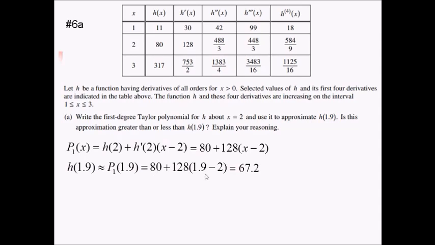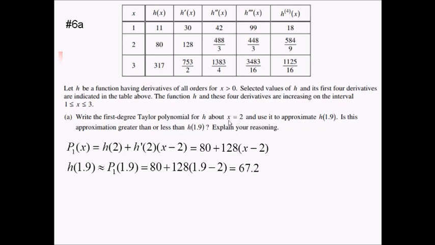We have a linear approximation here, and we know that the test for over or under with linear approximations is to check to see if you are concave up or down around the area of the approximation, specifically between the launching off point of the approximation, the center, which is 2 in this problem, and the actual thing you're trying to approximate, which is 1.9. So we basically have to figure out if we're concave up or down from 1.9 to 2.